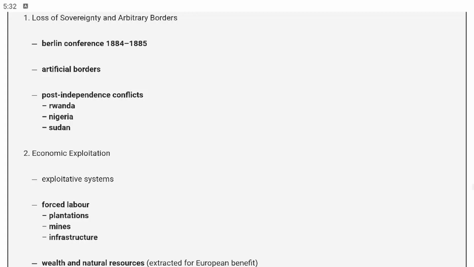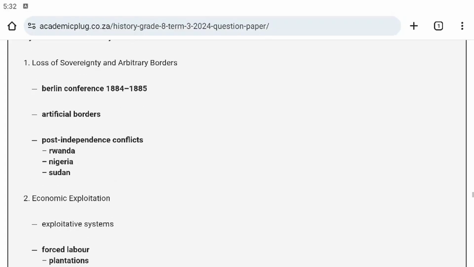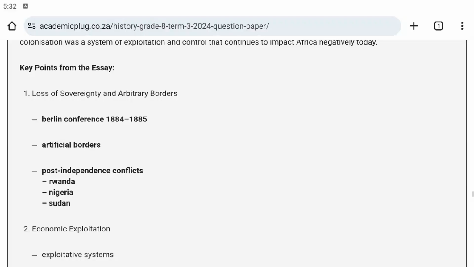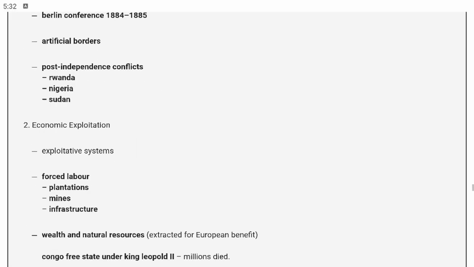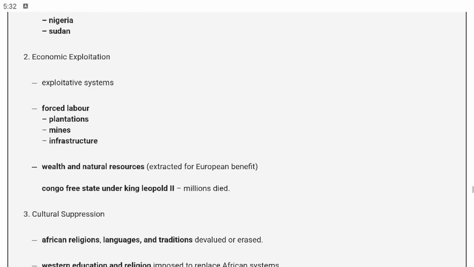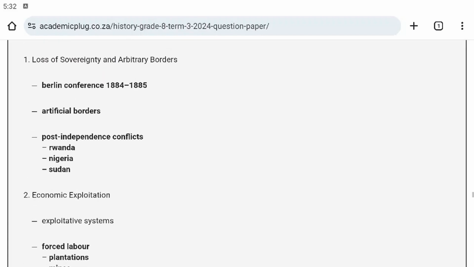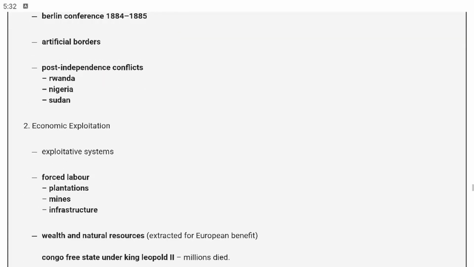All the keywords are highlighted. All the keywords that are highlighted here under the key point from the essay are the keywords that need to be in your essay, right? These ones which are not bold are not necessarily keywords that should be there in your essay. They're just sort of descriptive. Okay, when you talk about economic exploitation, include the keywords forced labor, plantations, mines, infrastructure.